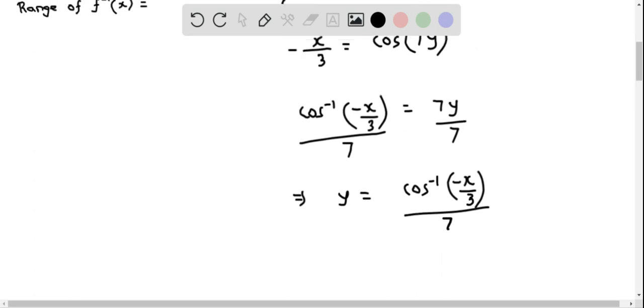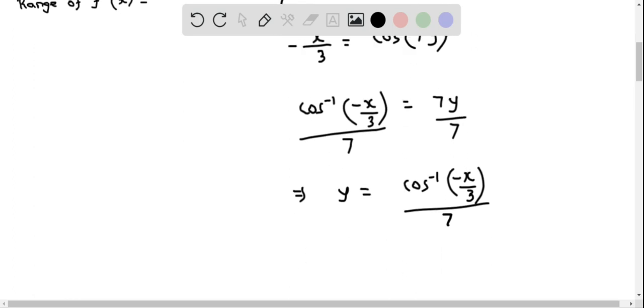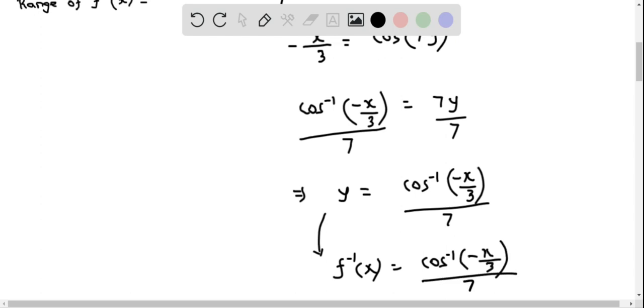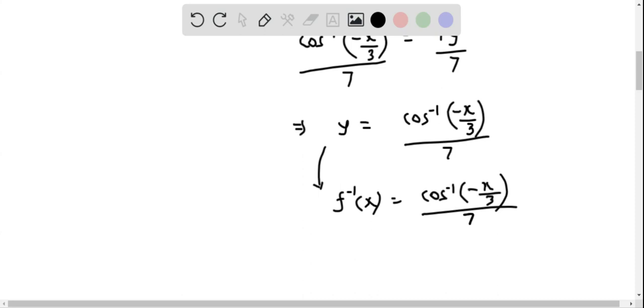Finally, to determine the inverse, we replace y as f inverse. So f inverse of x equals cos inverse of negative x over 3, over 7. This is the expression for the inverse of the given function.